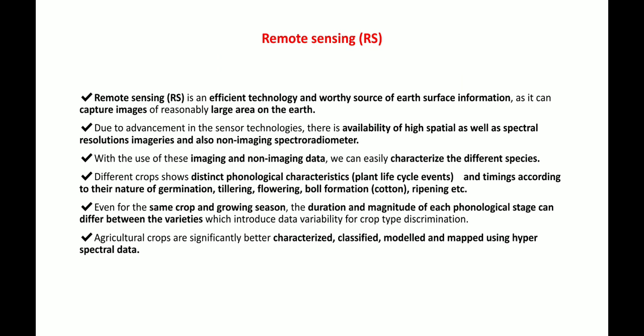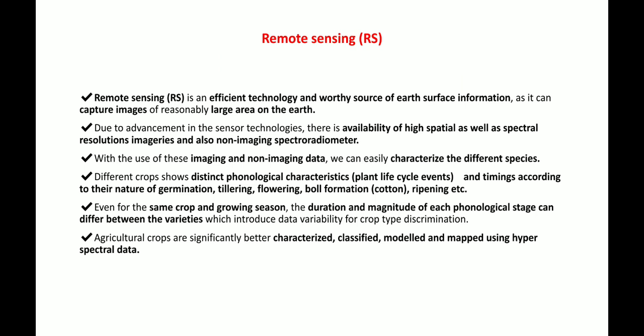These are collected with the help of aerial photography in remote sensing. Also, non-imaging spectroradiometers are used for the collection of data. With the help of these imaging and non-imaging data, we can easily characterize, differentiate, or discriminate the different crops.